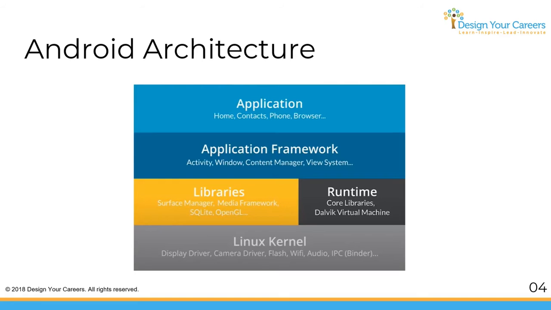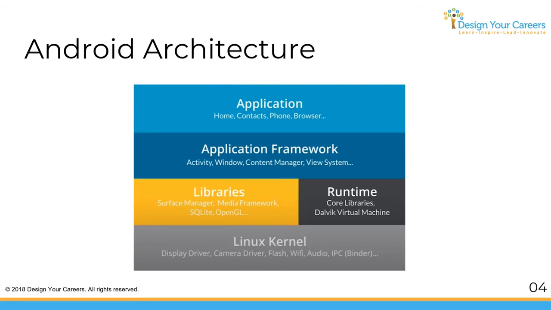The next one is the runtime, which has the core libraries and the Dalvik virtual machine, which is very similar to the Java virtual machine. After that, we have the application framework. This framework includes activities, window, content managers and view systems.